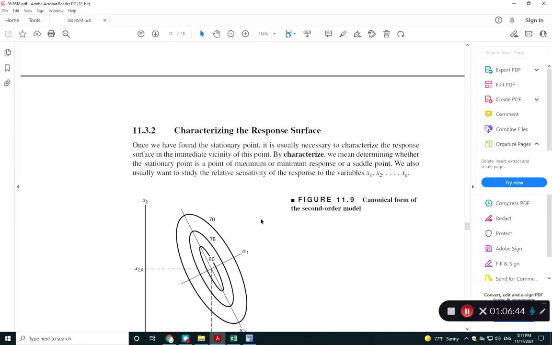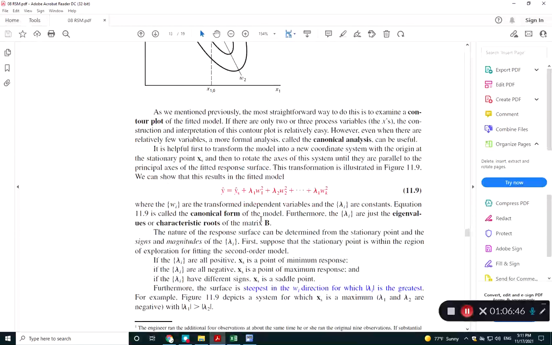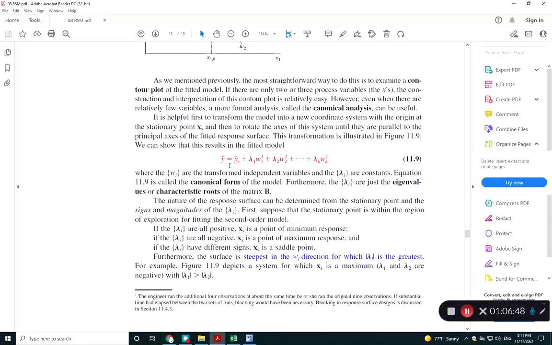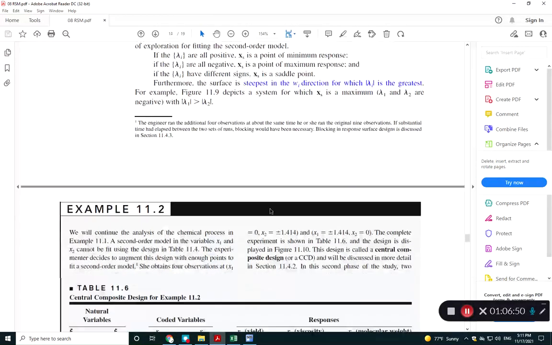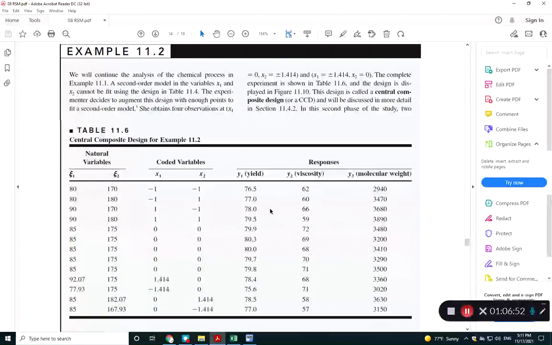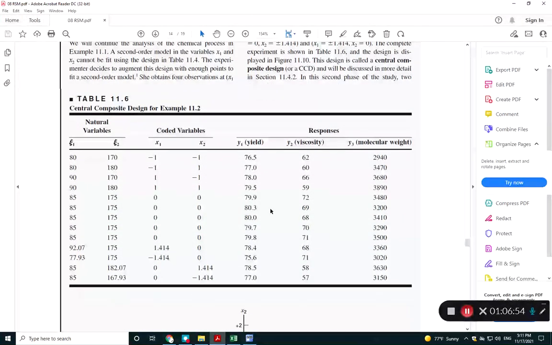Okay, now how can we find that point? To find the points, we need to augment our data with 4 more stretching points. For the exam, your stretching point is the square root of 1 plus 1.